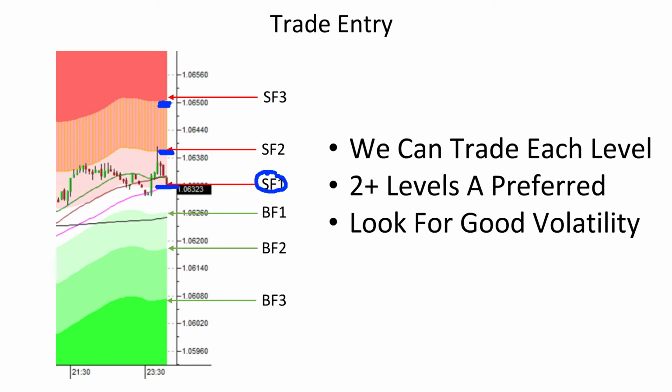SF3 would be the third level you'd be looking to sell. And then there's a fourth and a fifth zone up and above these levels. And then it's the same concept on the buy side. Buy fib 1 is right here, 2 is right here, and the third level here, and then there's a fourth one out of your view of the chart.